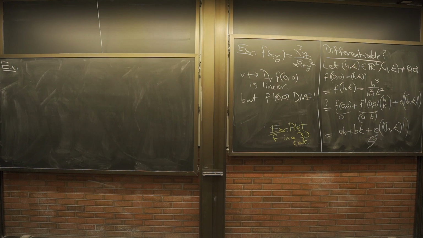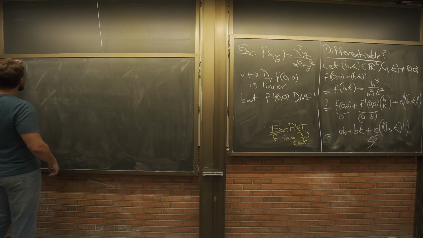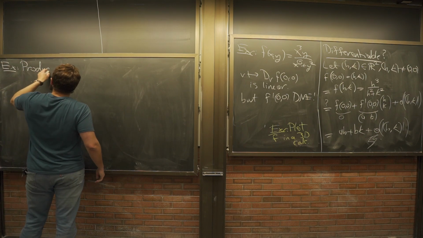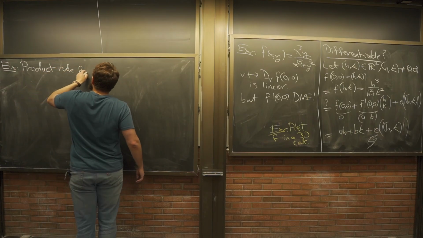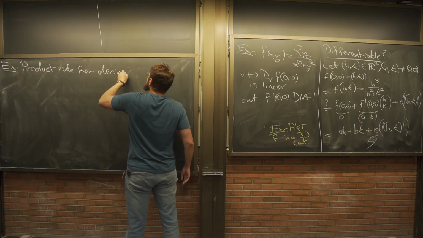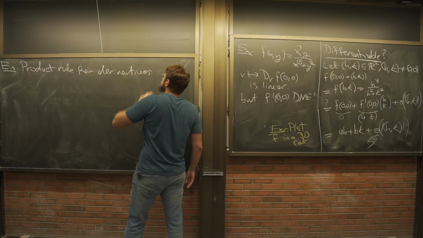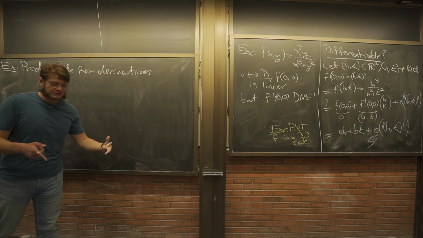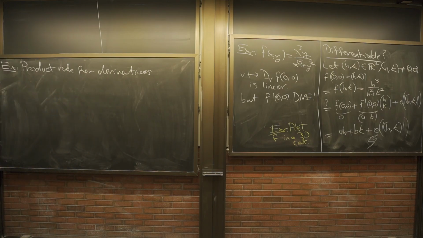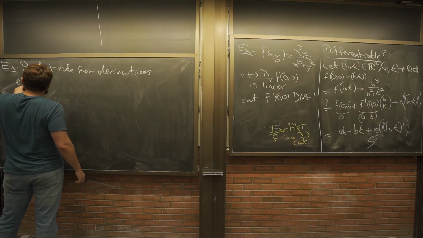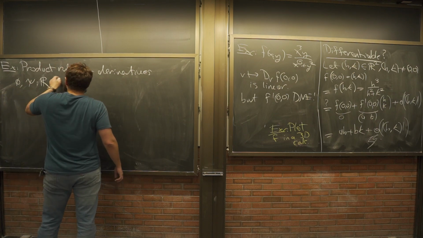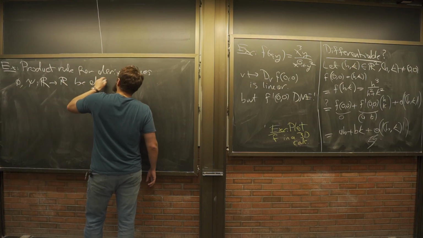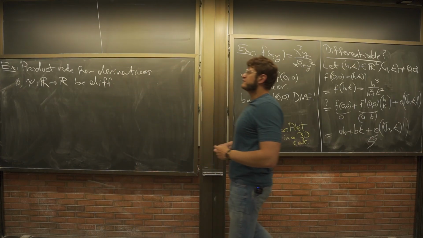Here's the next example I want to do. Product rule. Of course you know this, but the point of this example is going to be that you can use multivariable calculus to derive formulas that you already know. Let's take two functions that are differentiable.